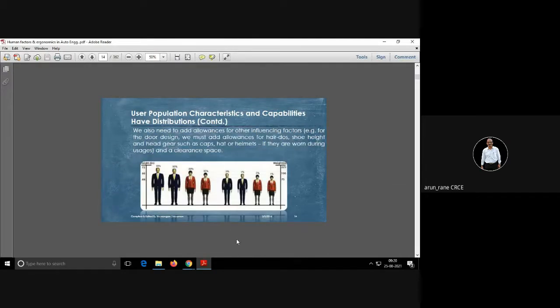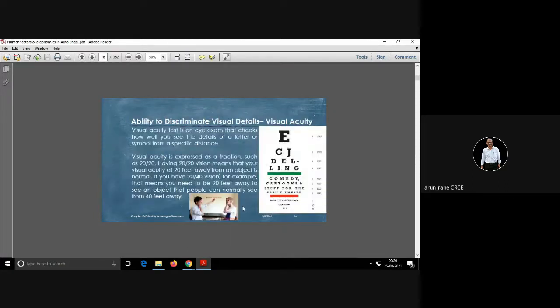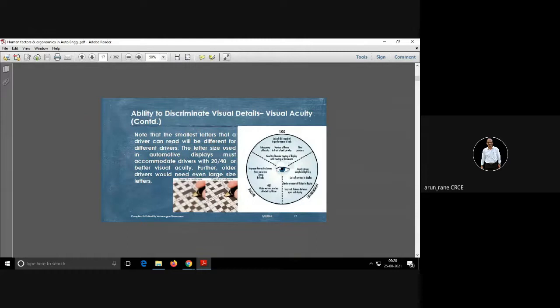This is the data, how it is collected and how it can be used to manufacture equipment, and how equipment can be designed for visually impaired human beings.